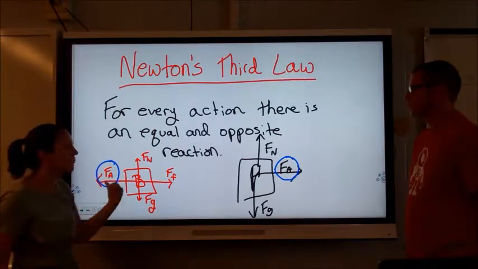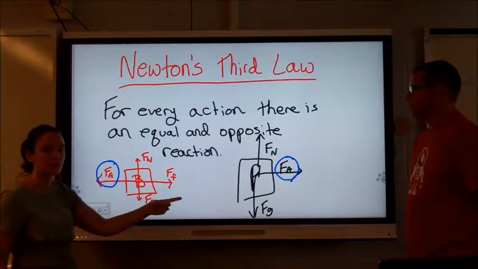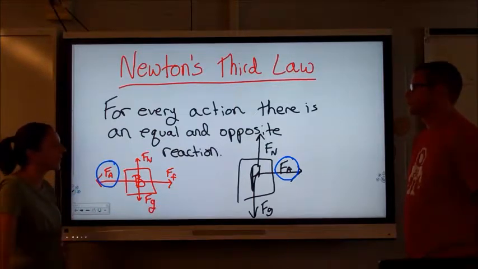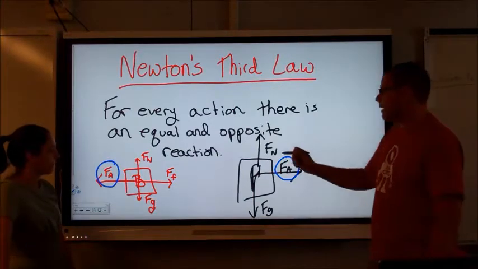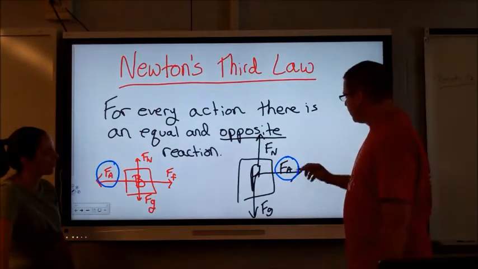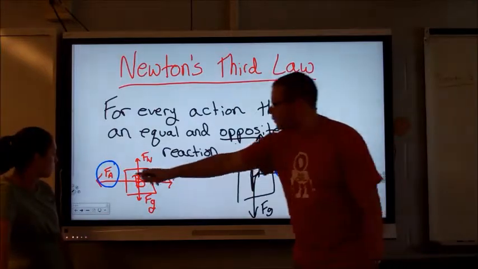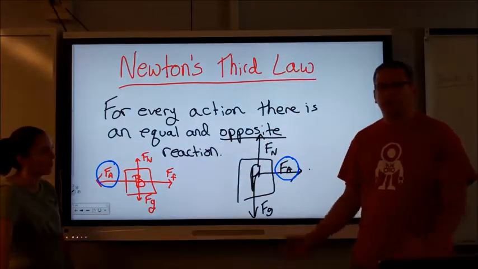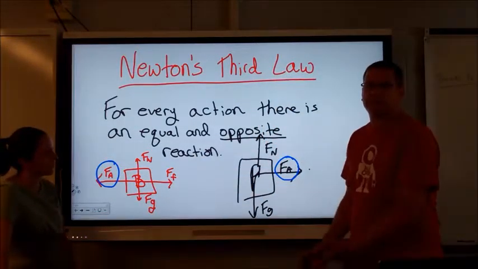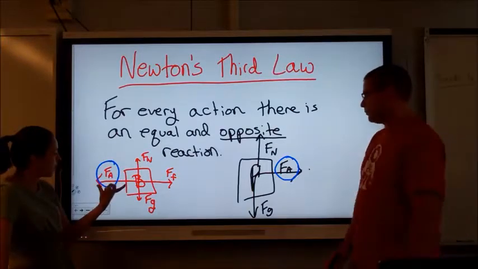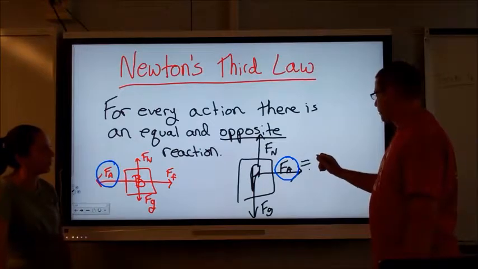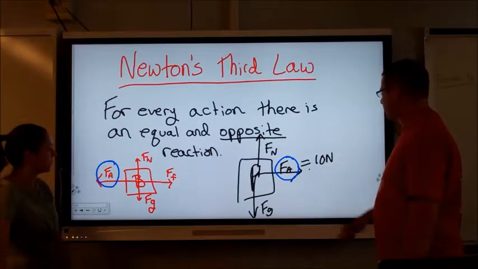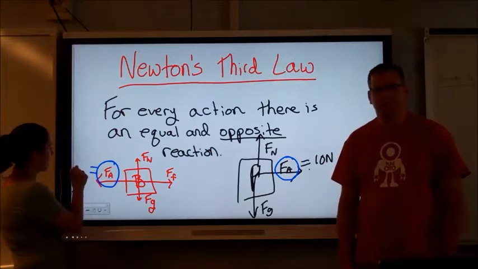Notice how those are on different free body diagrams, but those are the ones giving that equal and opposite reaction. The opposite part has to do with the direction, so this direction here is opposite that direction. The equal part means they have the same exact magnitude. I tried to draw our lengths as close as we could to being the same magnitude. So if this was 10 newtons of force, hers would also have to be 10 newtons of force.